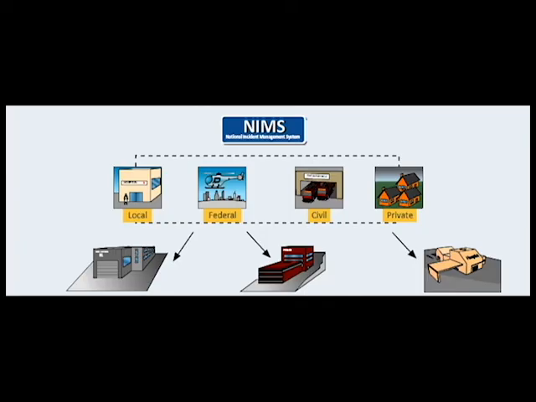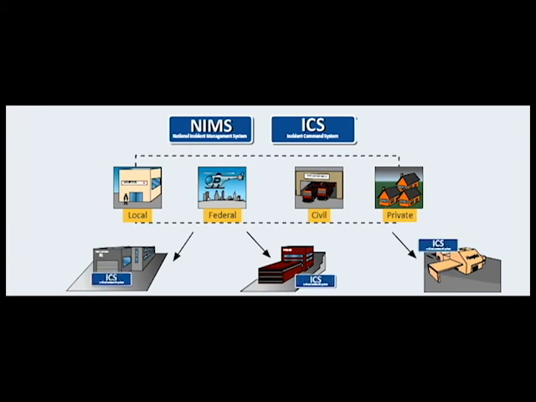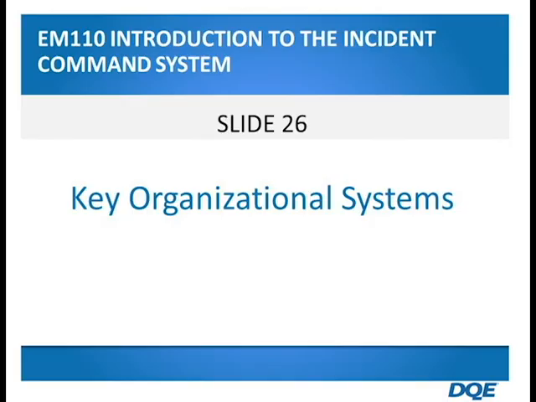With the establishment of NIMS, there is only one ICS. As hospitals and agencies adopt the principles and concepts of ICS as established in the NIMS, the incident command system will expand to meet the needs of the incident, regardless of the size or number of responders. The key to both NIMS and ICS is a balance between standardization and flexibility.